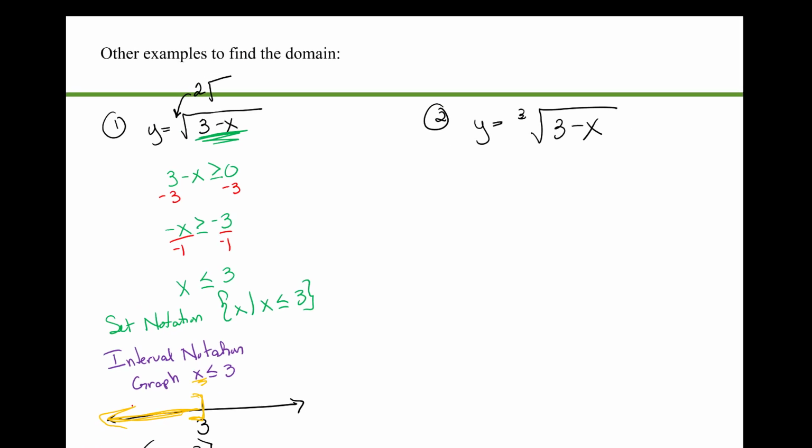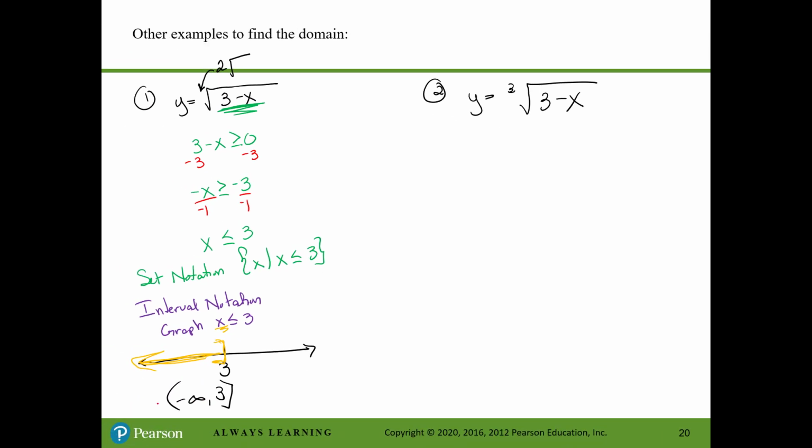Hopefully you said yes, you can. Which means I can take the cubed root of positive numbers. I can take the cubed root of negative numbers.